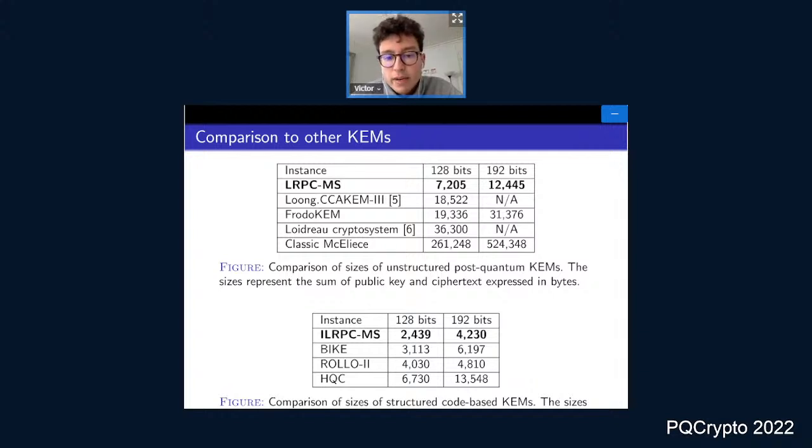So, for example, we are 3 times better in size than FrodoKEM, an unstructured lattice attempt. And the bottom part of the table is a comparison between structured code-based key encapsulation mechanisms, and here we are slightly better than others. And as compared to lattices, we are not better than lattices.